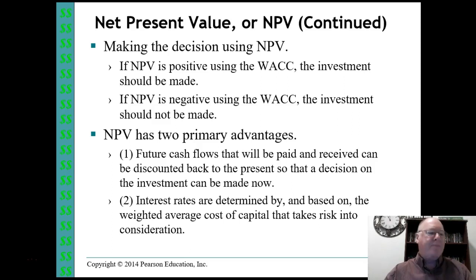Now there are some disadvantages to this too. And the disadvantages, again, as I mentioned before, if the interest rate estimates are too low, then you're not going to get a good answer here.